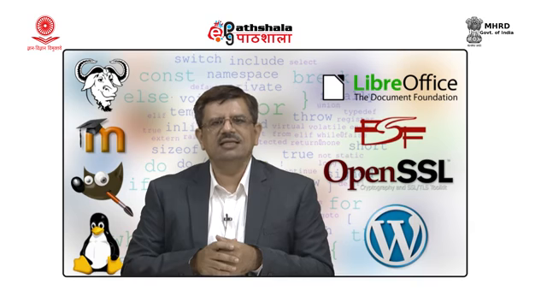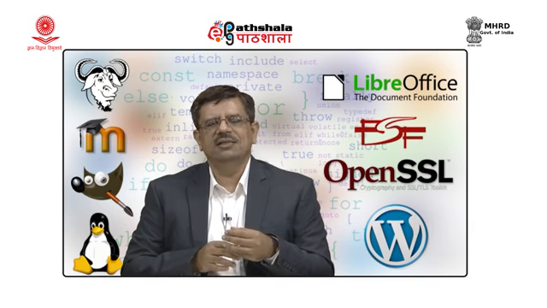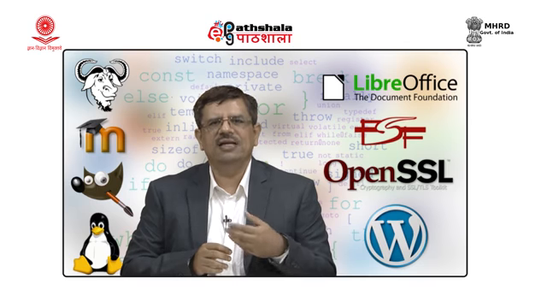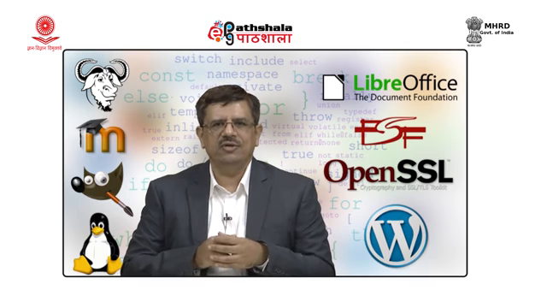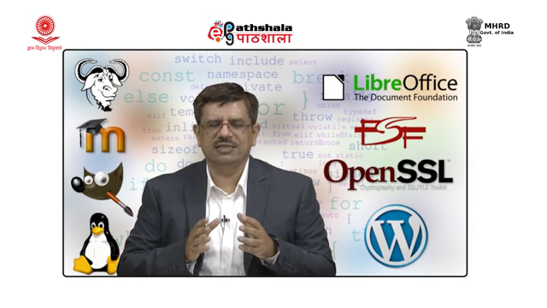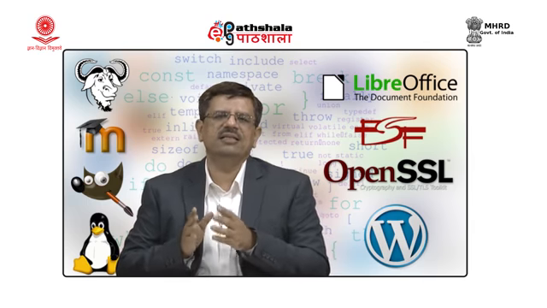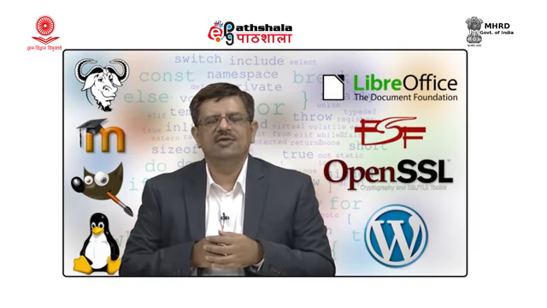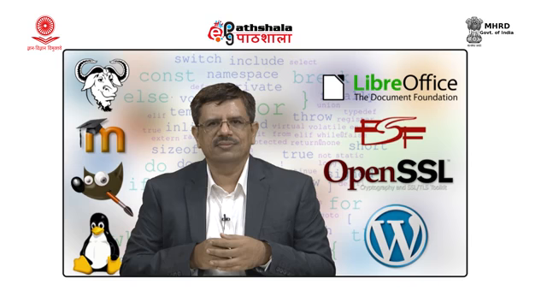Now, let us see each example, how we use EXPR, how we use the let command and so on. More or less the objective is the same, we do the operations like addition, subtraction, multiplication, division. There are 4 alternatives. You can select either of those.